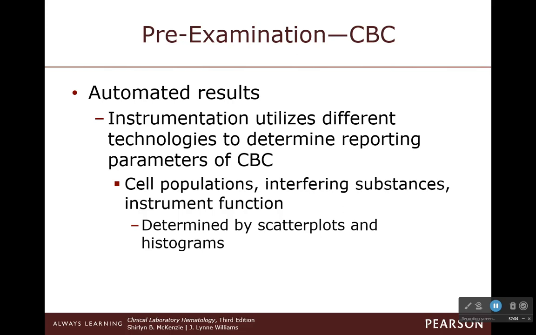What's really cool is that on your instrument, these are all color coded, based off of your machine. So you get a little population, and then sometimes you get trash, and it'll always be in here. You get a population of different cells.